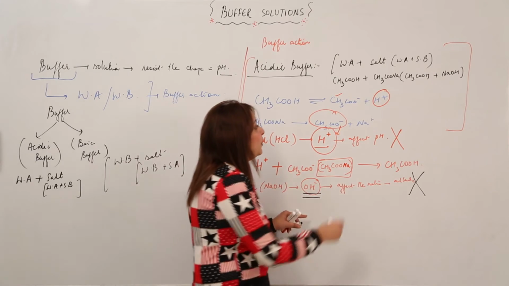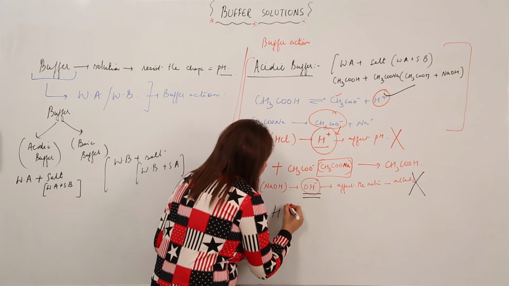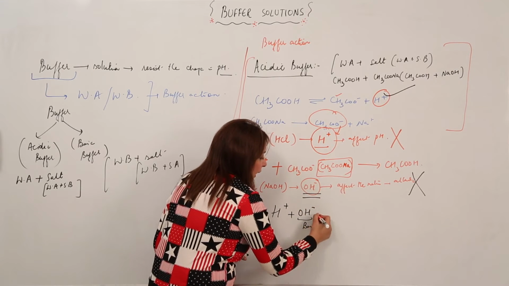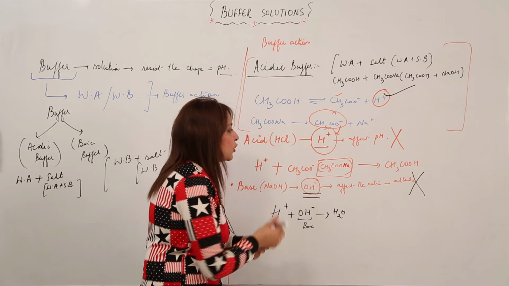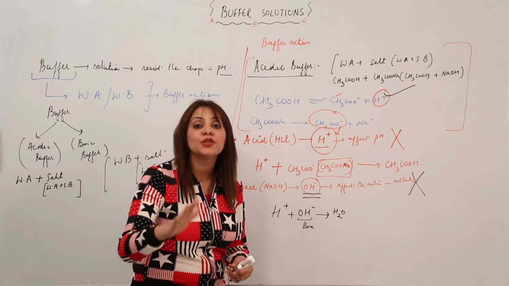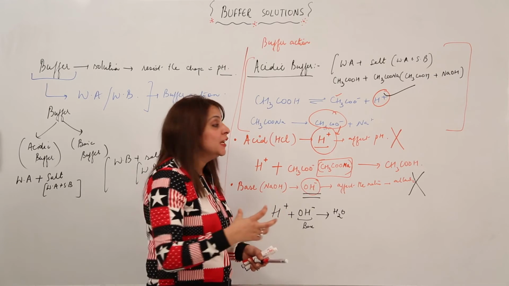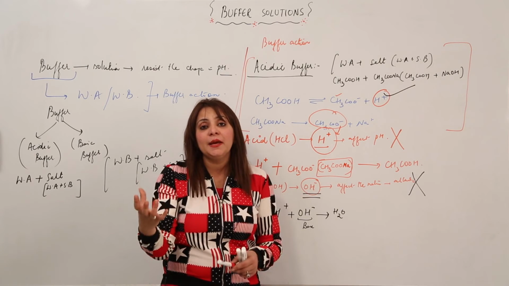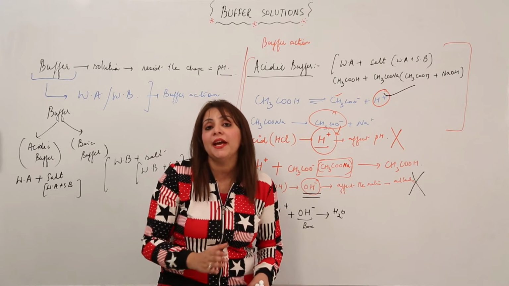They will be consumed by these hydrogen ions, right? So these hydrogen ions will combine with the hydroxide ions from the base, and they will form water. So again these hydroxide ions are consumed. We are not left with any hydroxide ion which can alter the pH. This is how they show the buffer action. That means they have certain reserves which combine with them, and they do not allow the equilibrium to be disturbed or the pH to be altered, right?